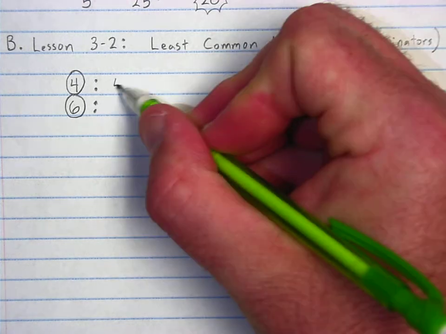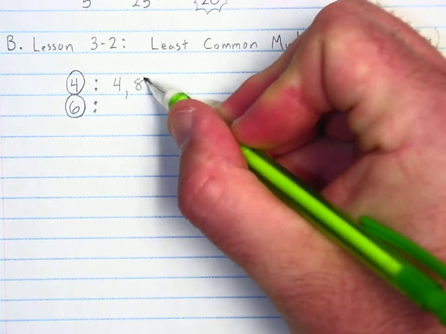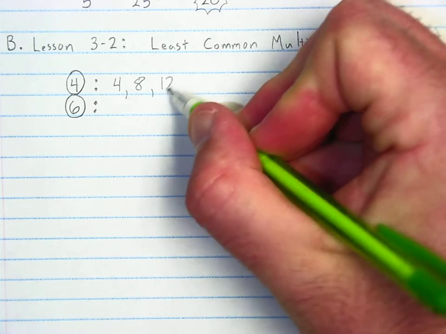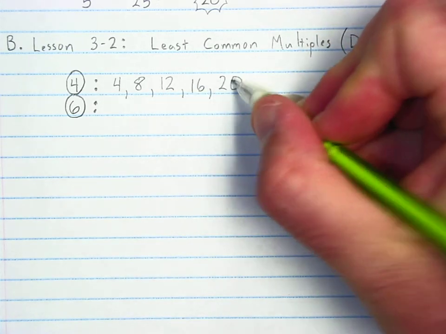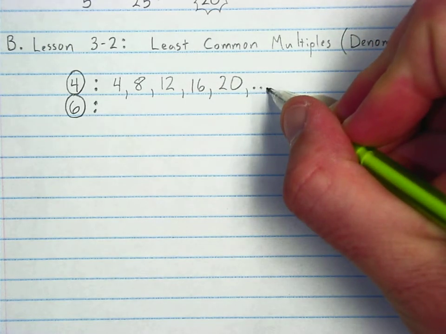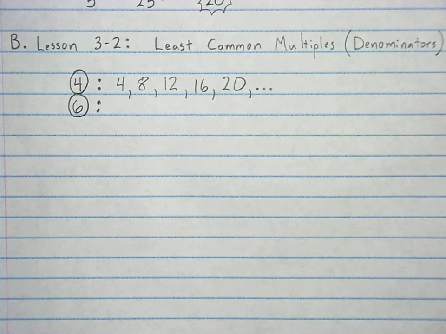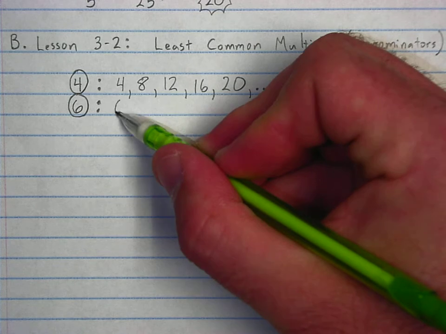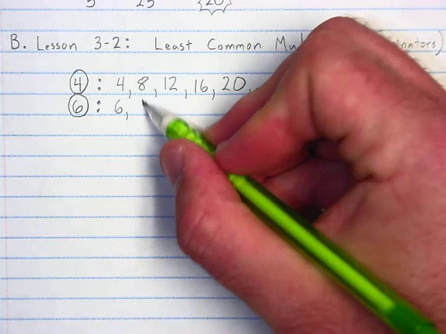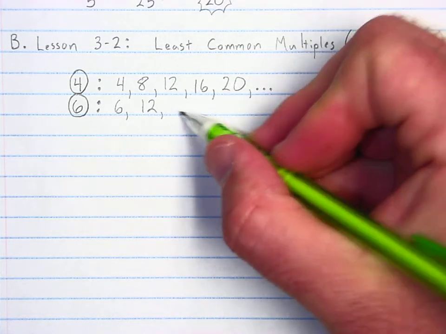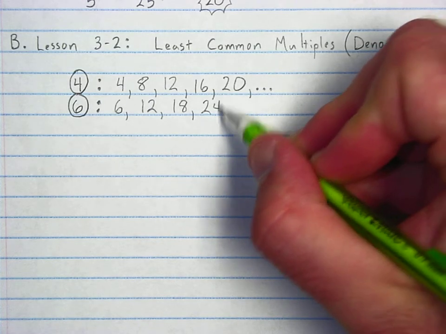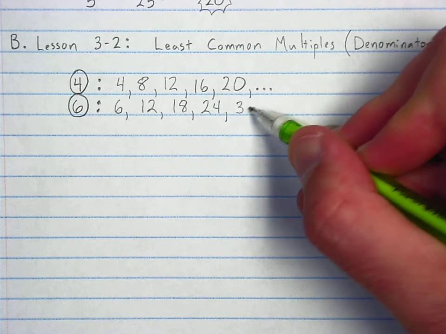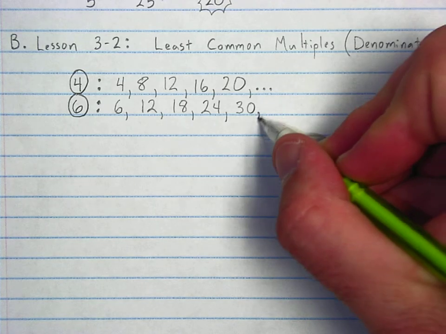So one group of 4, 2 groups of 4, 3 groups of 4, 4 groups of 4, 5 groups of 4, and so on. 1 group of 6, 2 groups of 6, 3 groups of 6, 4 groups of 6, 5 groups of 6, and so on.